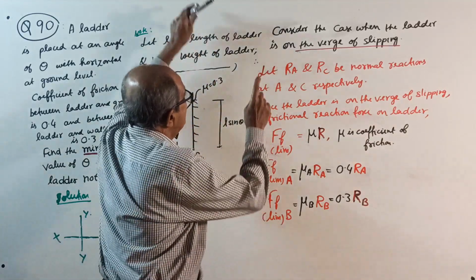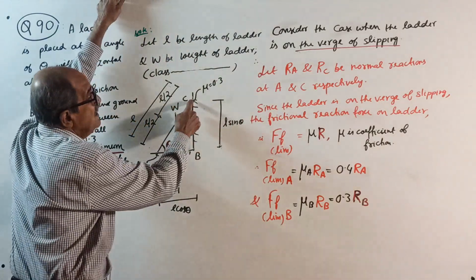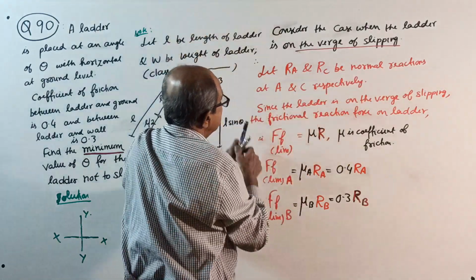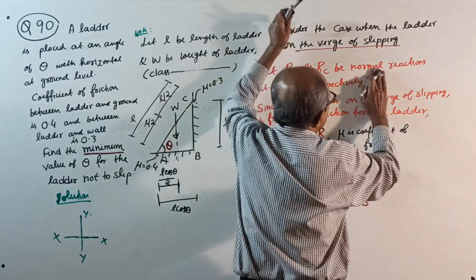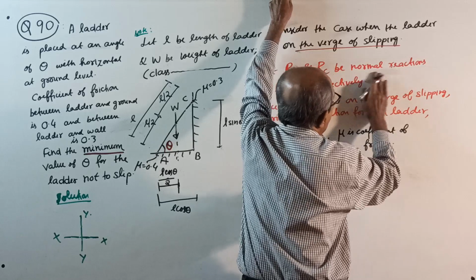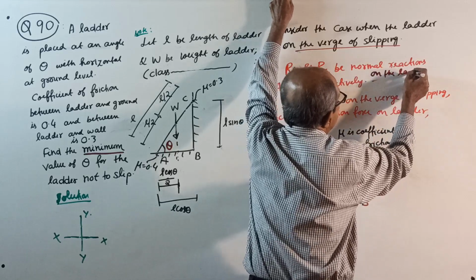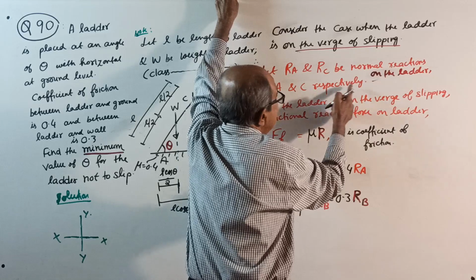Now, therefore, further, let RA and RC be the normal reactions, very important, normal reactions on the ladder at A and C respectively.